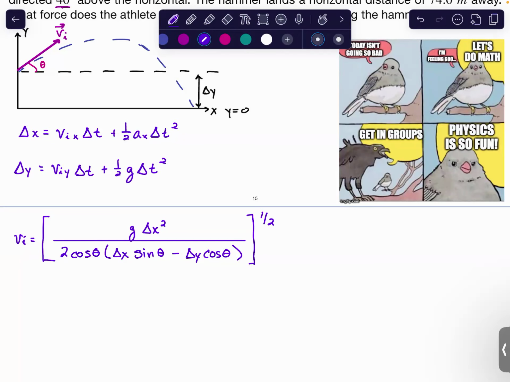So you start with those two kinematics, that's where you're going to end up. Now get in groups and figure out how. You're trying to derive this initial velocity, because it is the velocity that the hammer leaves circular motion with. You're then going to use that linear velocity to figure out the radial acceleration while you're spinning the hammer.